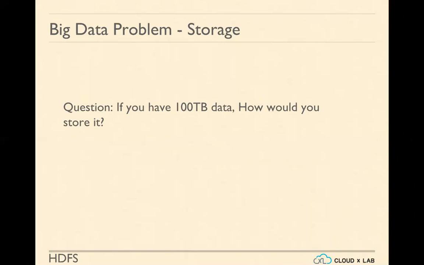Let's imagine that you don't know anything about Hadoop file system yet, and you are not allowed to use cloud storage. If you have to store 100 terabytes of data reliably, how would you store it? How would you build a storage system that can have 100 terabytes of data, a storage system that could provide 100 terabytes of storage to your users? How would you do it?